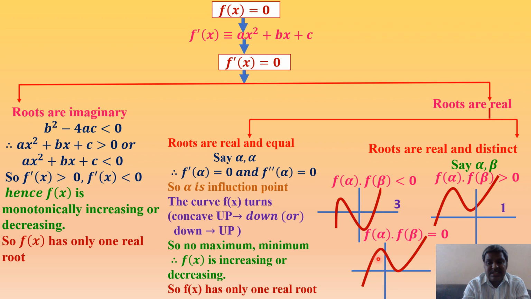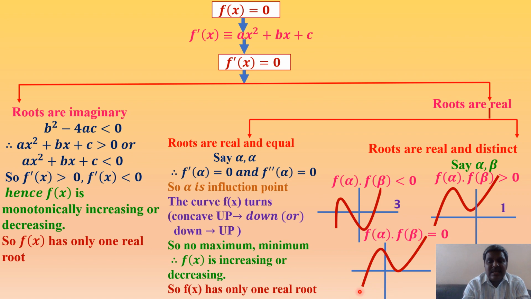This is my alpha, this is my f of alpha. f of alpha is positive, and here f of beta is 0. Positive into 0 is 0. Sometimes you may have negative also, like this. Your curve may be in this manner. At that time also, in this case, the curve goes in this manner.